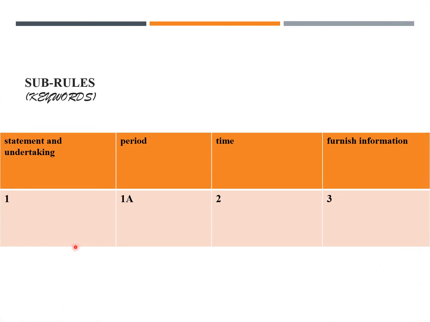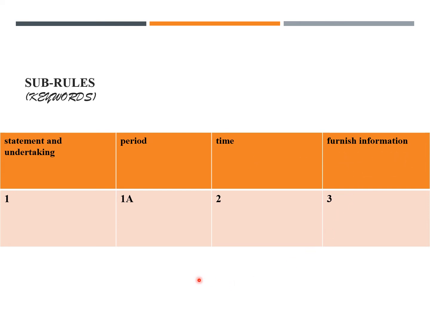Now we will proceed through the sub-rules, especially the keywords of the sub-rules of Rule 12. The keyword for sub-rule 1 is statement and undertaking. The keyword for sub-rule 1A is period. The keyword for sub-rule 2 is time, and the keyword for sub-rule 3 is furnish information.